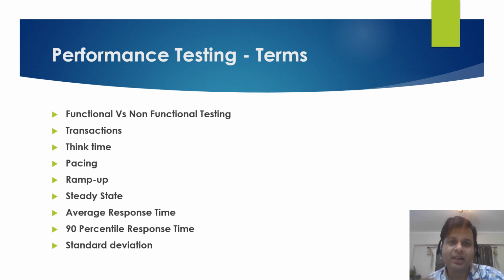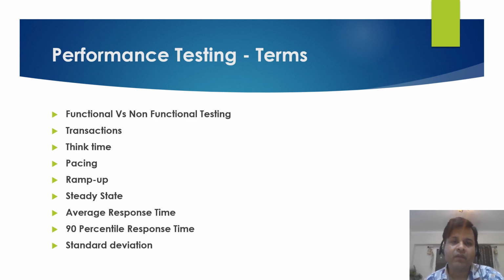Let me repeat: if you have lesser deviation, your response time values are good. If you have more deviation, your response time for that application is not stable. So I would say you always consider all three metrics: average response time, 90 percentile, and standard deviation. Combine them and see how the pattern looks.